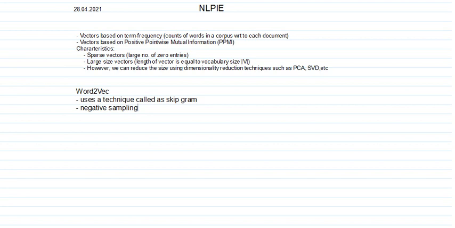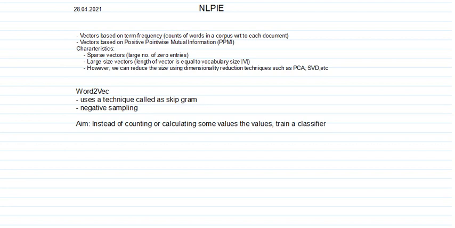So the aim here is, instead of counting or calculating some values, to train a classifier so that these values are more refined.